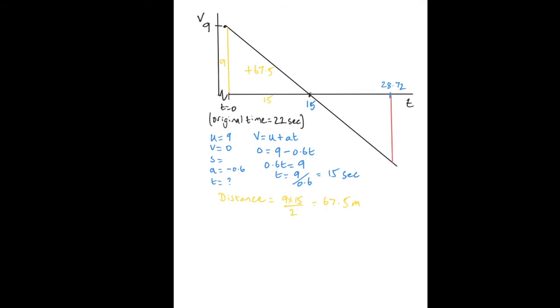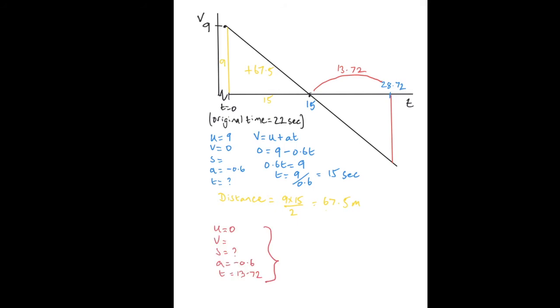If we now consider the section of the graph where the velocity is negative, we can see that the time elapsed from 15 to 28.72 seconds is 13.72 seconds. And for this section of motion, we have the following values.